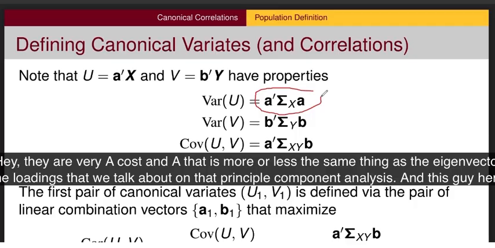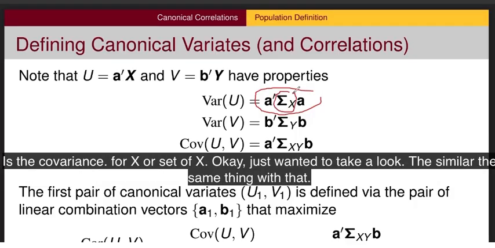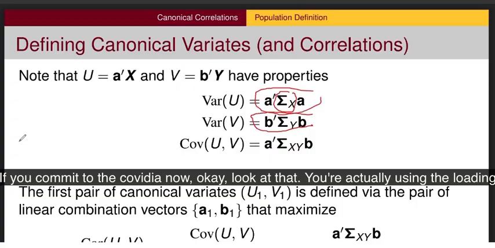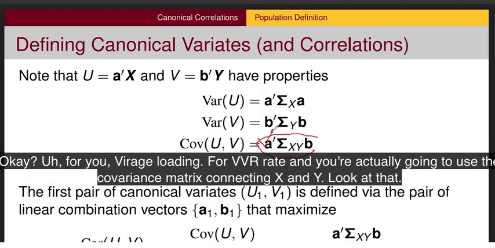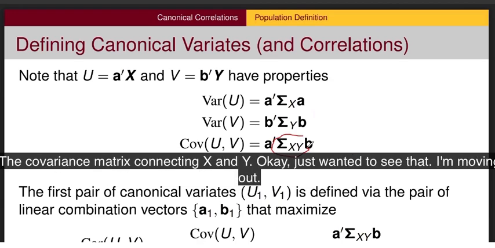And this is the covariance for the set of X. The same thing applies to the covariance: you're using the loading for the U variate, the loading for the V variate, and the covariance matrix connecting X and Y. Look at that, the covariance matrix connecting X and Y. I'm moving now.